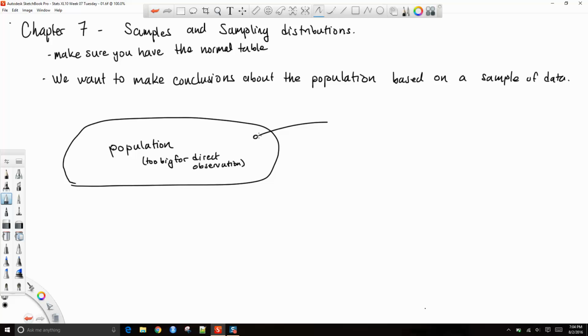Okay? And this picture should also be in your notes from the first day of class. And so we take a piece out of it and we call this piece the sample, okay? We observe the sample.